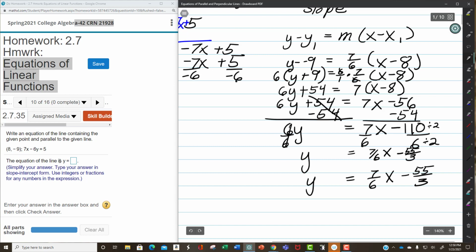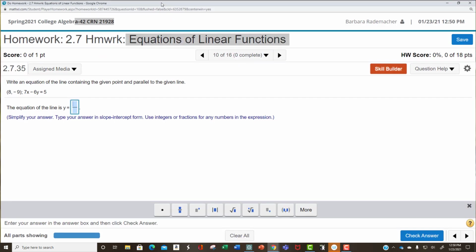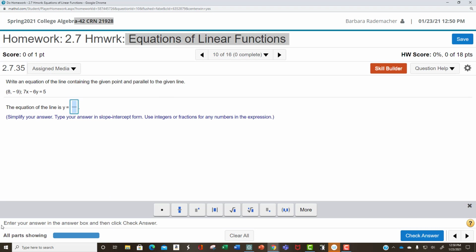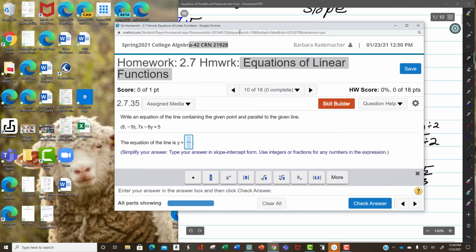Now I'm going to go over to the answer box. Fraction tool. Eek, where did it all go? There we go. 7/6. Well, I would like it a little bigger, but not that big.